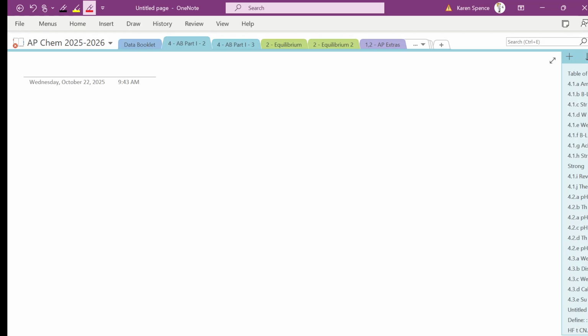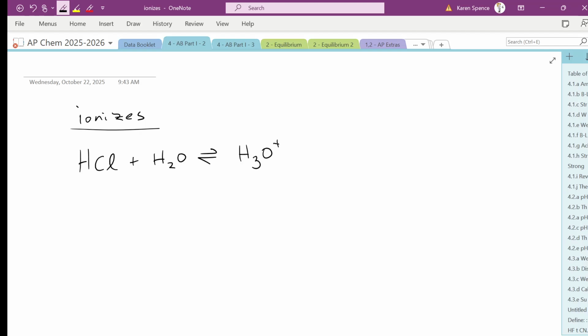Ionizes versus dissociates. Ionizes becomes ions, by reacting with water.